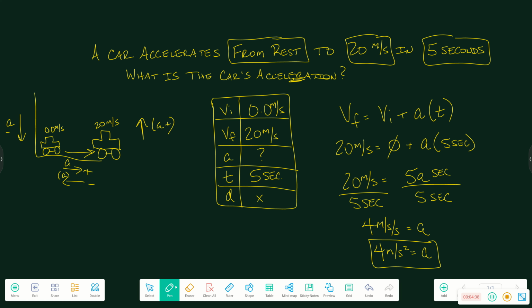So your acceleration in this case is 4 meters per second squared. And that's this problem. It's the first problem on the acceleration practice problems that I posted in Google Classroom. All right, so that's this one.